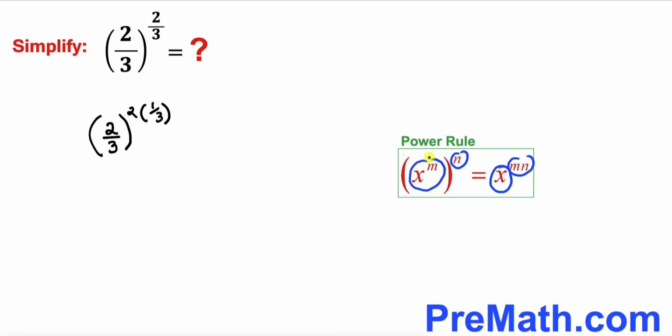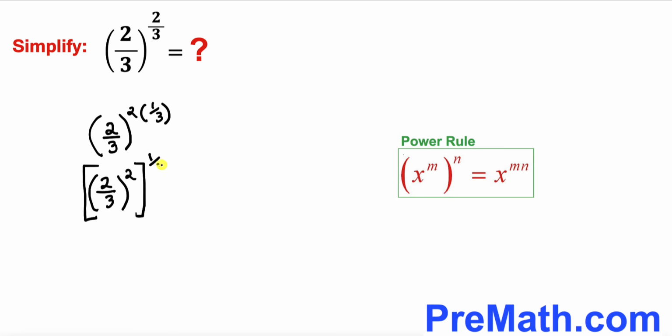If I call this one m and this is our n, then we can write this one as (2/3) squared, and then once again to the power 1/3.